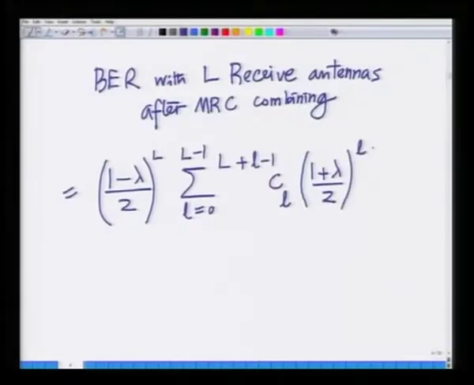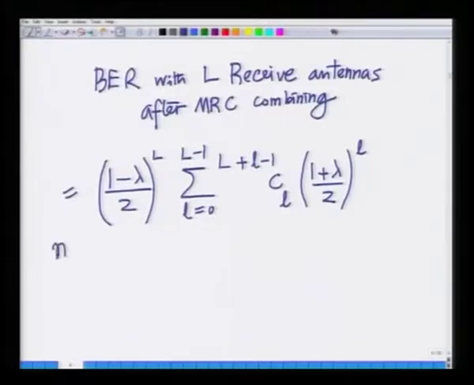Alright, so the complete expression for the bit error rate is given as (1 minus lambda) divided by 2, to the power of capital L, where capital L is the total number of receive antennas, into summation l equals 0 to L minus 1, L plus small l, the index, minus 1, choose l.